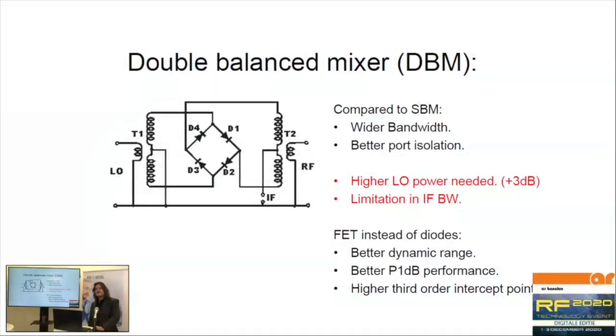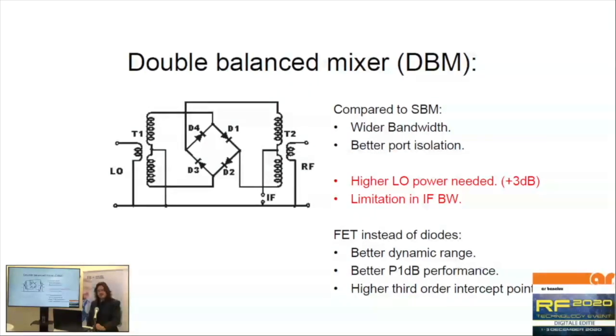A double balanced mixer makes it slightly more interesting. A double balanced mixer uses baluns at its LO and its RF input, and the IF is fed somewhere in between the baluns of your RF. This can go up to a much wider bandwidth. A second advantage over the single balanced mixer is that it has better port isolation.